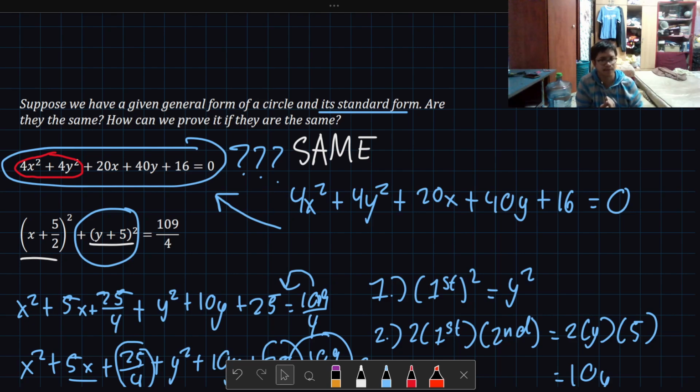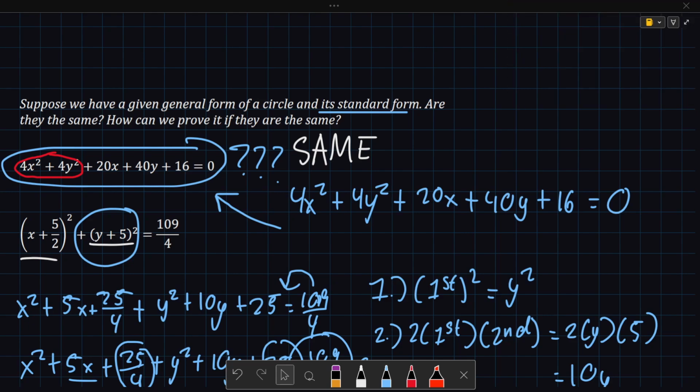So how is that even possible? How is it that they're the same? Or maybe they're not the same at all. Here's a tip: if your answers are x squared, y squared, but according to the general form, it's 4x squared, 4y squared, that means you have to multiply both sides of the equation by 4.